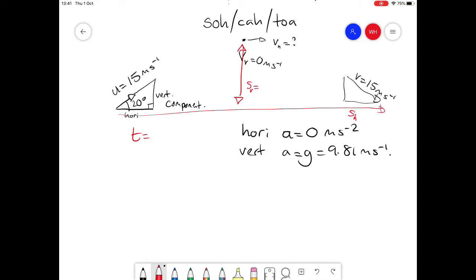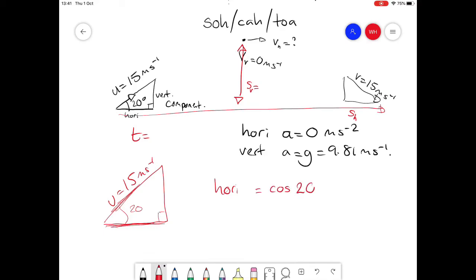So let's go ahead and do that. The first step is breaking U of 15 down into horizontal. So horizontal is going to be this one, which means it's hypotenuse and adjacent. Hypotenuse and adjacent is cosine.